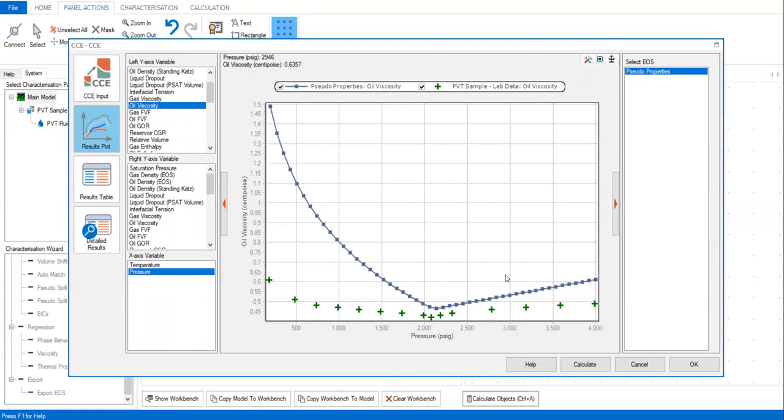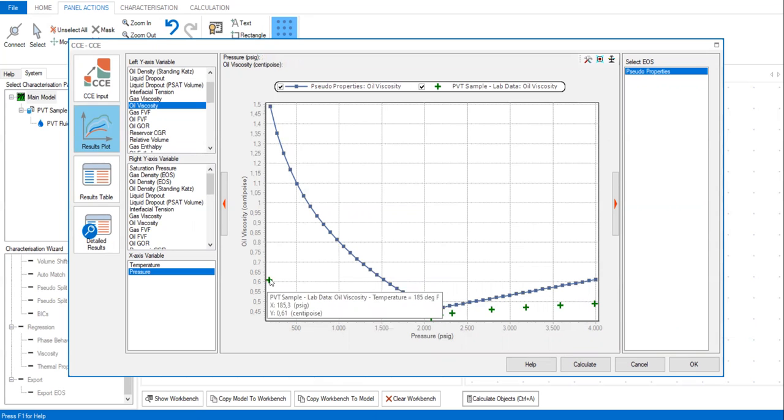Let's see. Yeah, so we don't have a very good match here. Okay, we can sort of reproduce the trend for the oil viscosity. You see here, the lowest viscosity is at the bubble point pressure, and then towards the right, higher pressure, the viscosity increases, and towards the left, lower pressure, the viscosity also increases, and the highest viscosity will be at the lowest pressure.